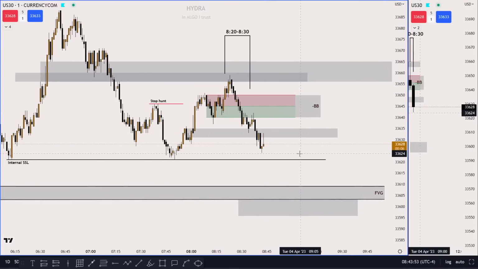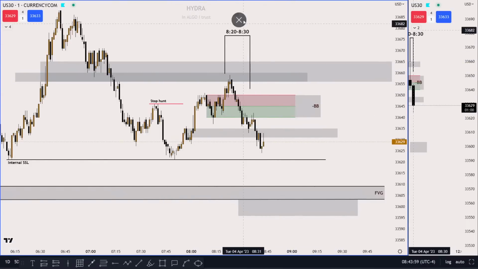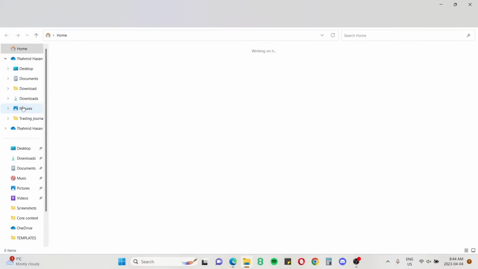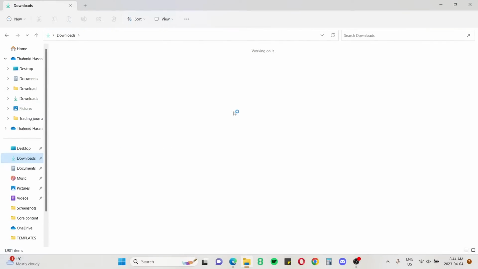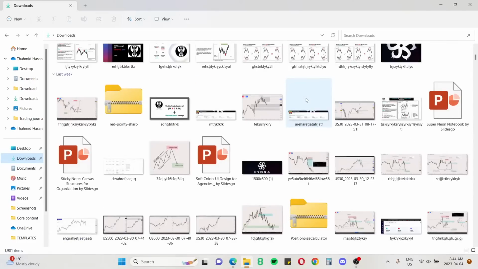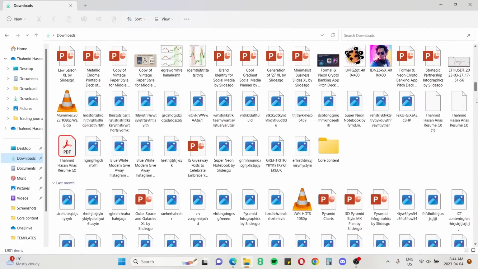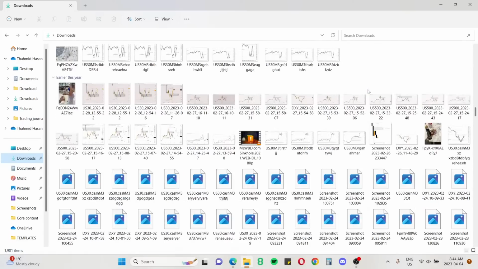I didn't realize it at first, but once I went through my trades, I have a journal. I'm going to show you my journal. Okay, so that's the section. These are all my trades for the past 1 year.